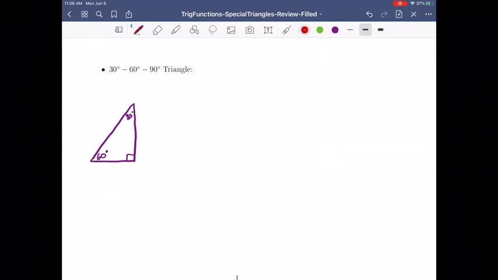What I'm going to do for this one is actually double it. I'm going to flip it about its height here, so that this is 60 degrees and this is 30 degrees, which means that these two together make 60 degrees. So when all these angles are the same, this is called an equilateral triangle.